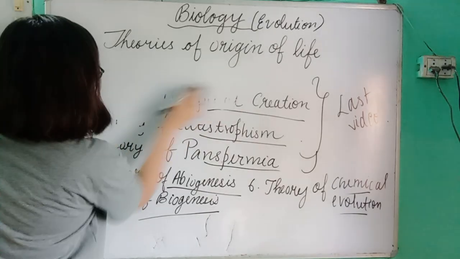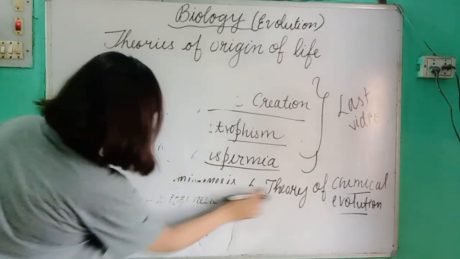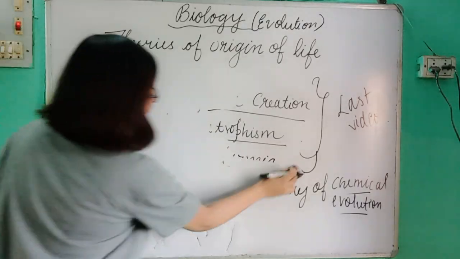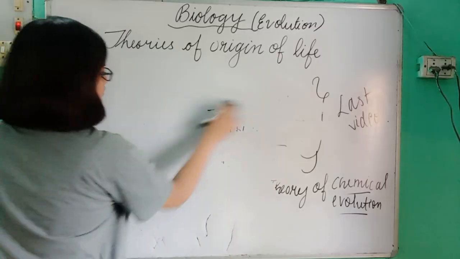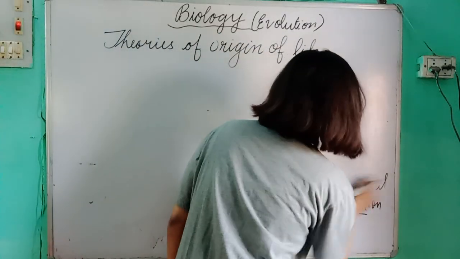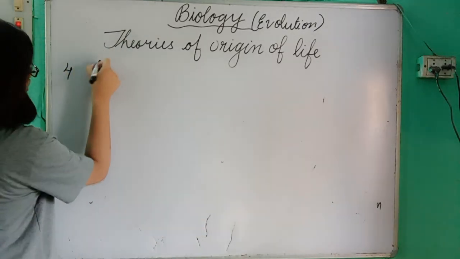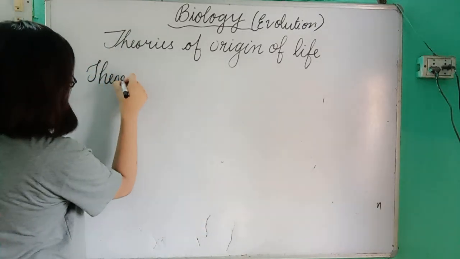With the name itself, we can understand what the basis of the theory is. The first theory, theory of abiogenesis.